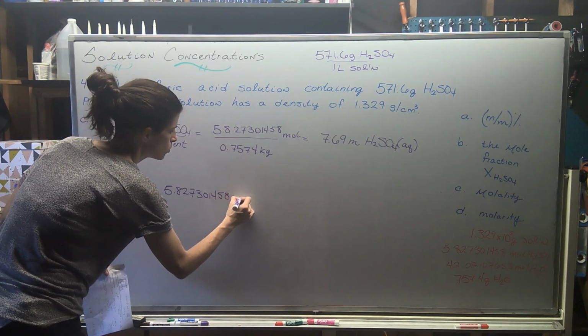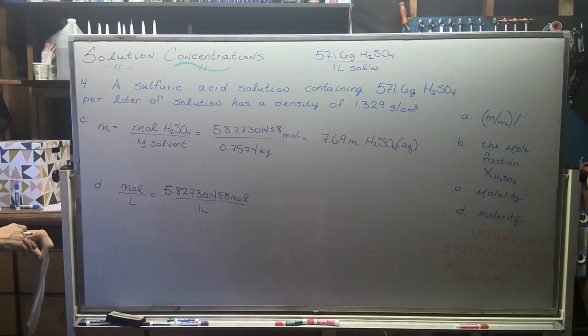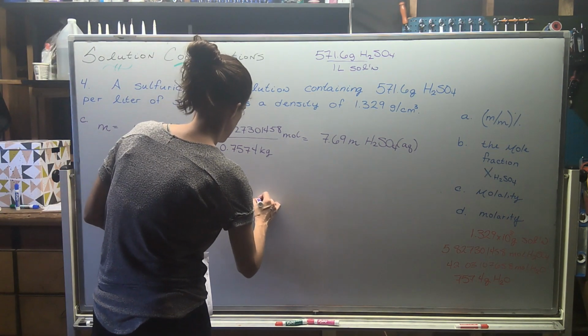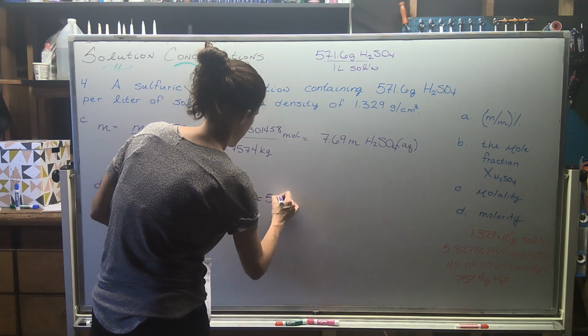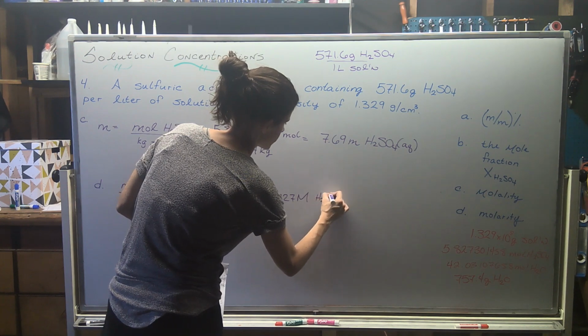But we assumed 1 liter. So that's what goes on the bottom. At the end of the day, if we're going 4 sig figs, I would report my molarity as 5.827 molar sulfuric acid.